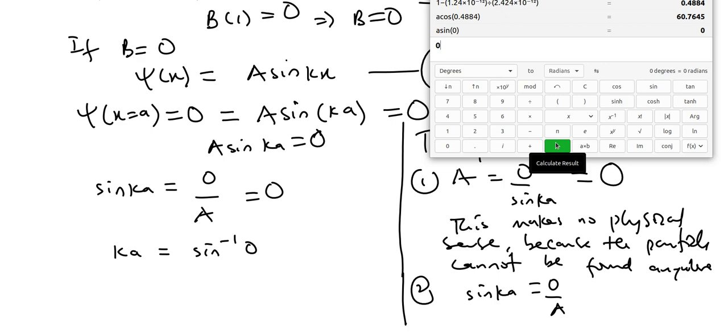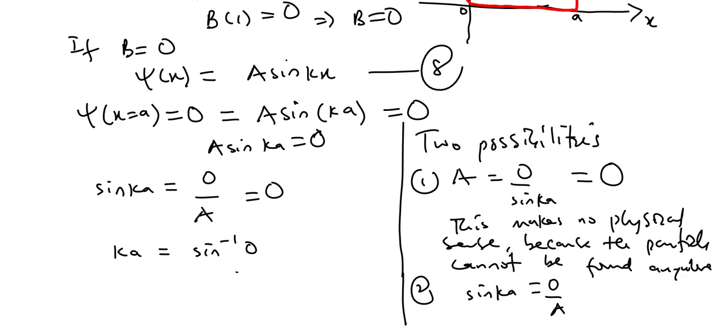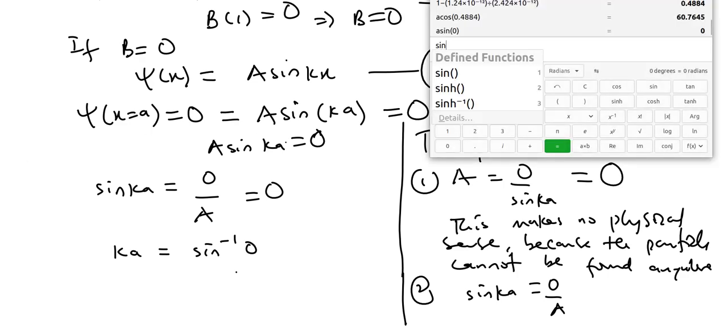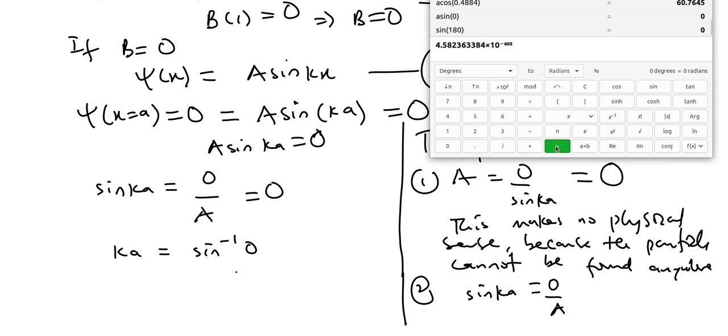But it is not only 0 that can give us sine 0. If you find sine 180, it will give us 0 as well. If you find sine 360, it will also give us what? 0.